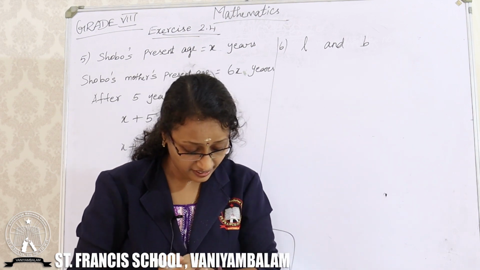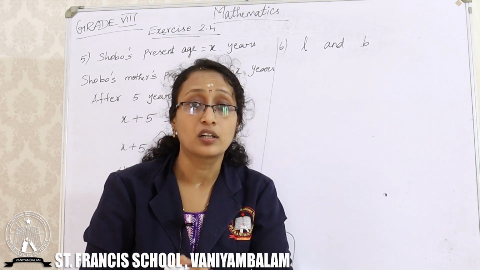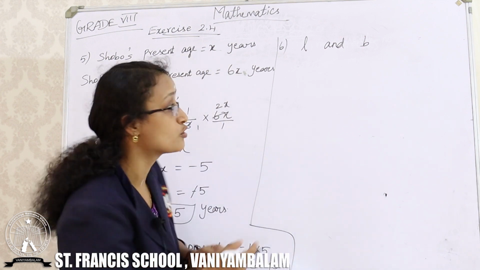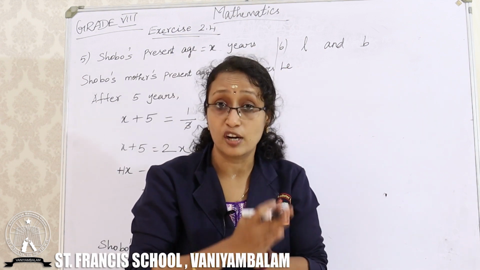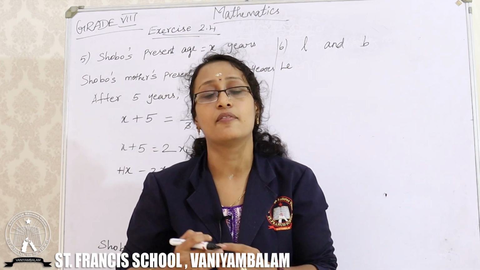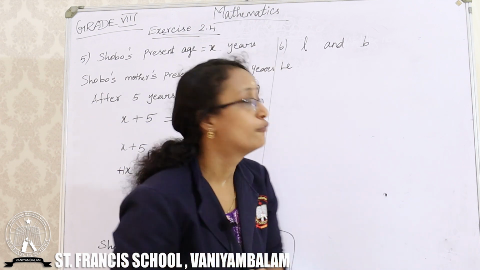It is given that the length and breadth of the plot are in the ratio 11:4. So the length is not 11 and the breadth is not 4. The ratio is 11:4. If the length is 11 times, then the breadth is 4 times.